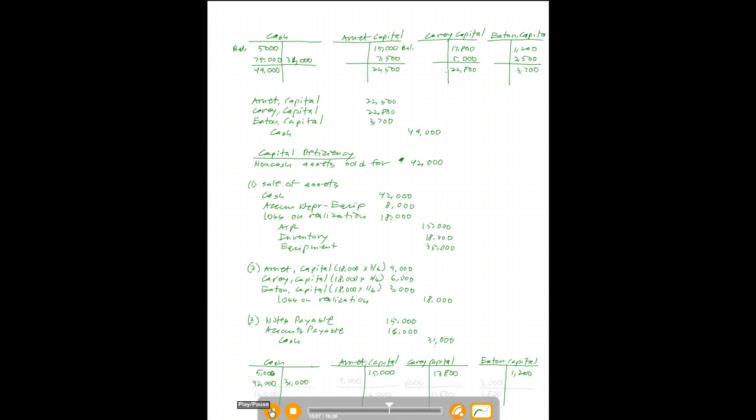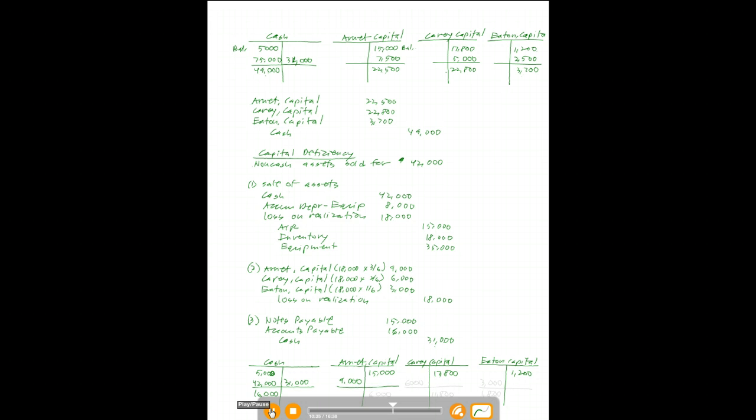So cash account, we started with $5,000. We debited it for $42,000, and we credited cash for $31,000. So that's going to give us an ending cash balance of $16,000, and that's going to be distributed. Arnett's beginning capital was $15,000, and then we debited it for $9,000.